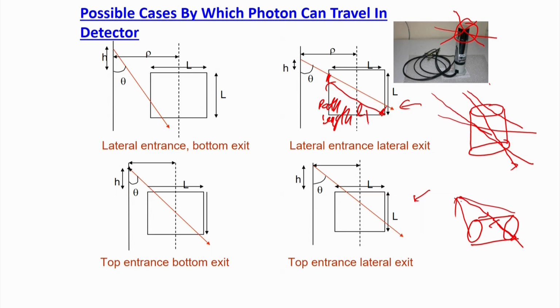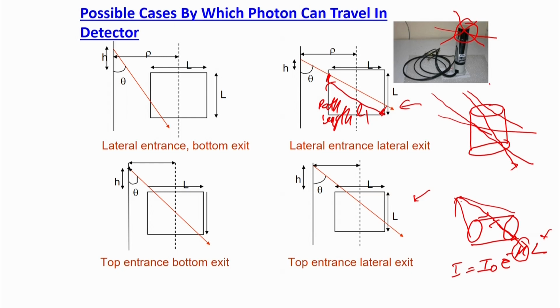Only the attenuation within L1 will decide whether the particle will be absorbed or not, and it is decided again by the same relation, I equals I naught to the power minus mu L. You know the attenuation coefficient and you know L. You have to see whether this intensity is very low or close to 0. If it is very low, it means the photon gets absorbed inside. So, we find the possibilities of that.